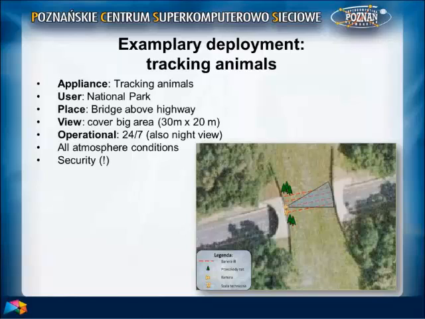So there are some infrared lights integrated. Of course, all atmosphere conditions and security, because it's publicly available, not only for animals.